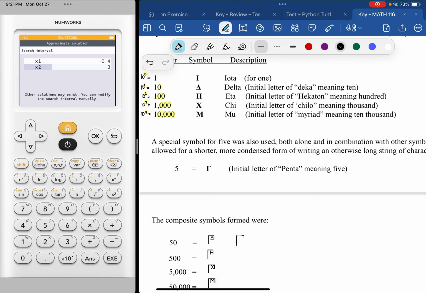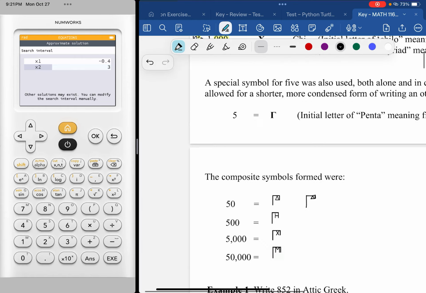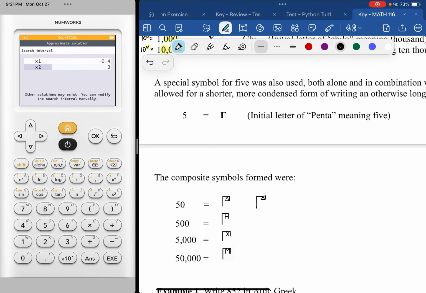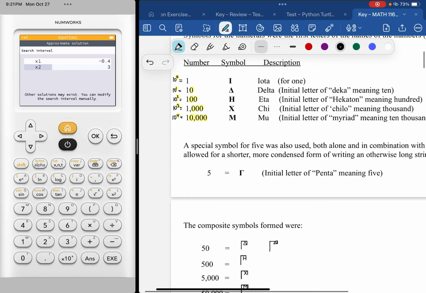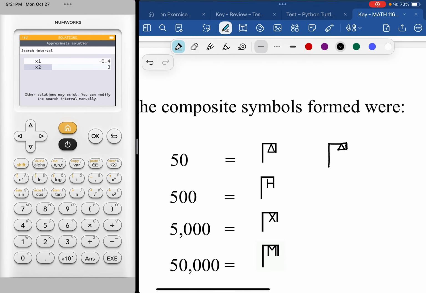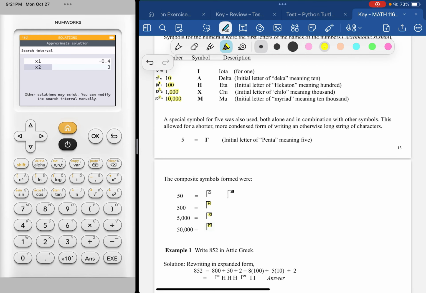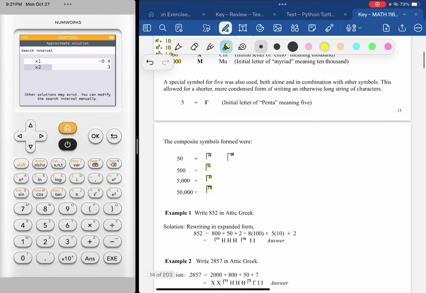All right, so you tuck in a little 10 here, and you have the symbol for 50. All right, so really you're just taking whatever the base 10 symbol is. So for 500, you have that little, we'll call it H, but it's really the eta, the chi, and the mu, all tucked in to the little nook there associated with the initial letter of penta.